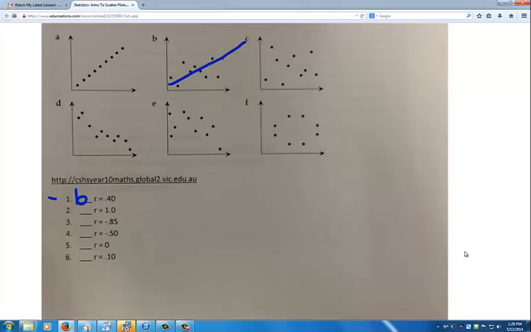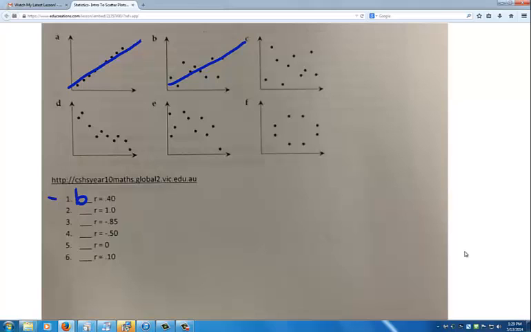Let's look at number 2. r equals 1. Well, we know that correlation can be between negative and positive 1. A correlation of -1 indicates a perfect negative slope, and a correlation of positive 1 indicates that we have a perfect positive slope, something which almost never happens when we're working with real-world data.